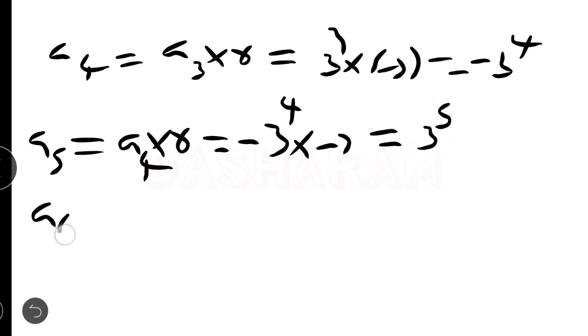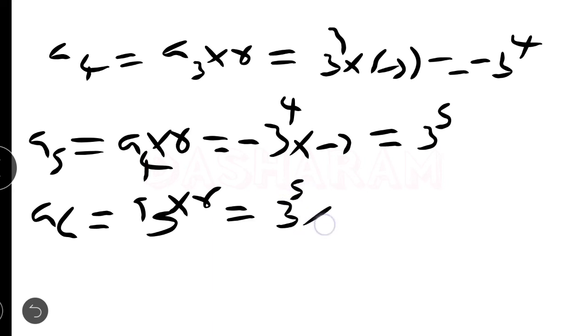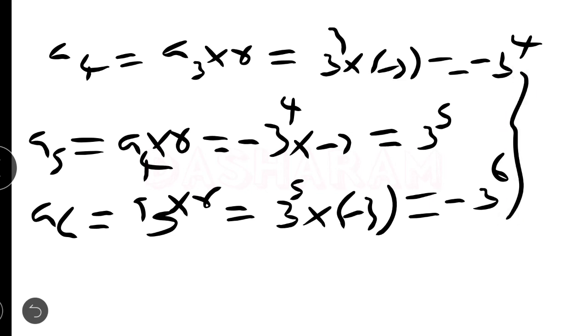Next A6, the sixth term. A6 equals A5 into R. What is A5? 3 to the power of 5, into the R value, minus 3. It equals minus, here don't put the bracket, 3 to the power of 6. So these are the next 3 terms. Here you write the heading, next 3 terms are.